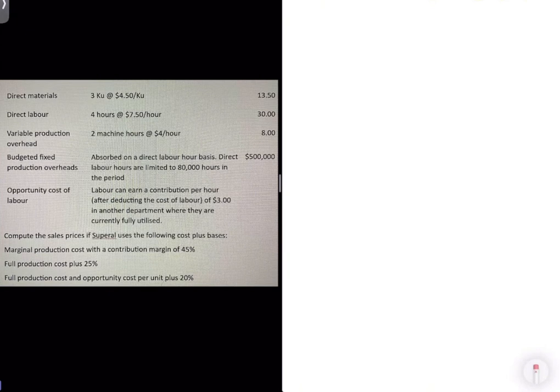So the first one is to use the contribution margin, and they gave us that margin at 45%.